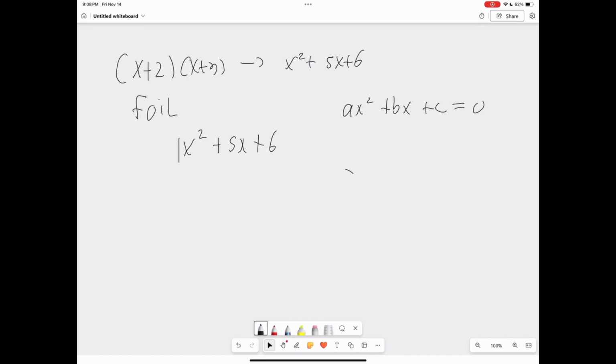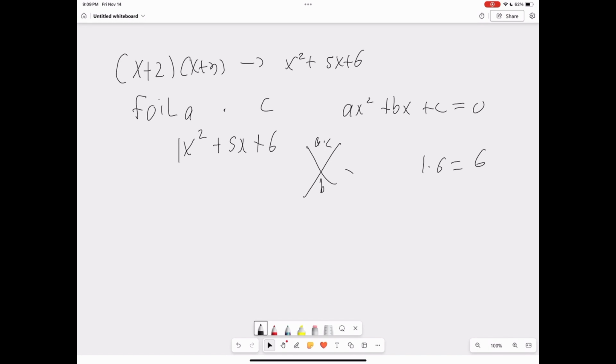So why am I saying this? Because the only way to factor in this case is something called the a times c. You might have seen it something like this: a times c and b. So what does that mean? You have to multiply the a and the c term, so it'd be 1 times 6, which is 6, and they have to add to 5.